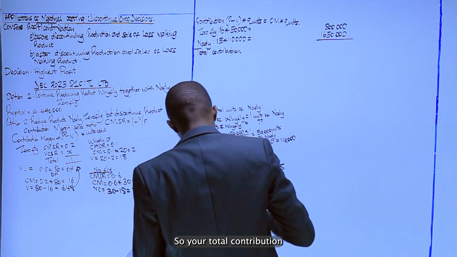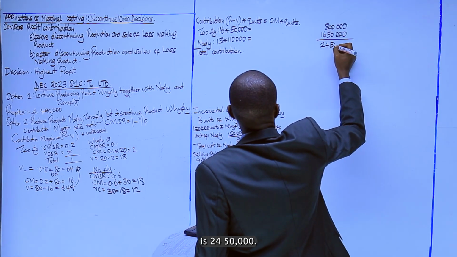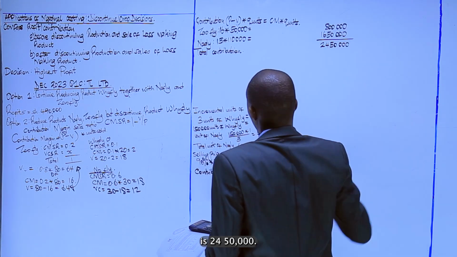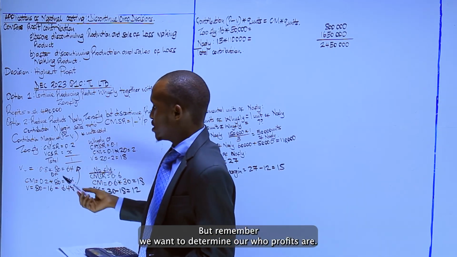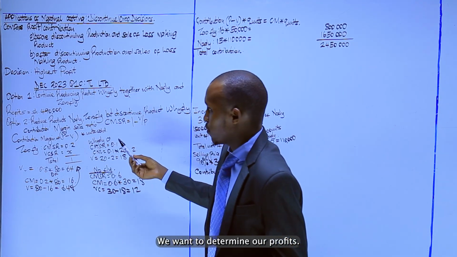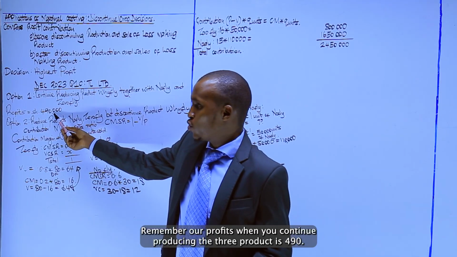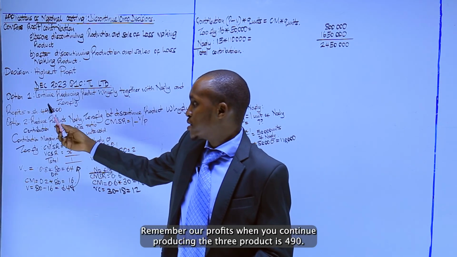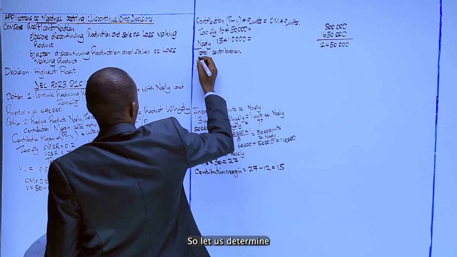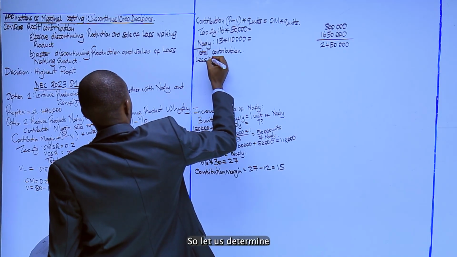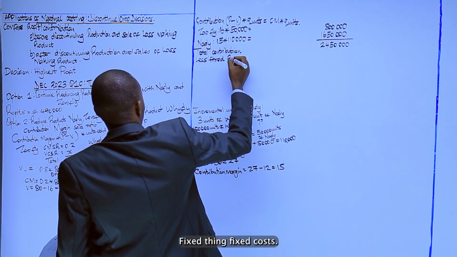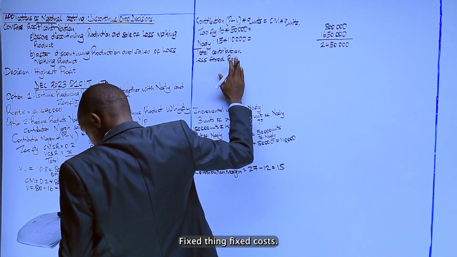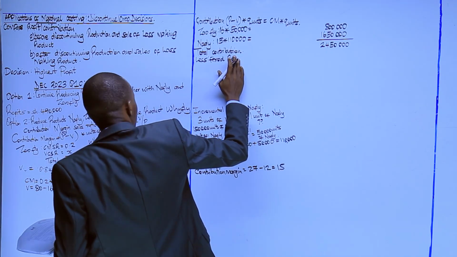So your total contribution is 2,450,000. But remember, we want to determine our profits. Remember, our profits when you continue producing the 3 products is 490. So let's determine them after dropping Y Fly. We are saying fixed costs.